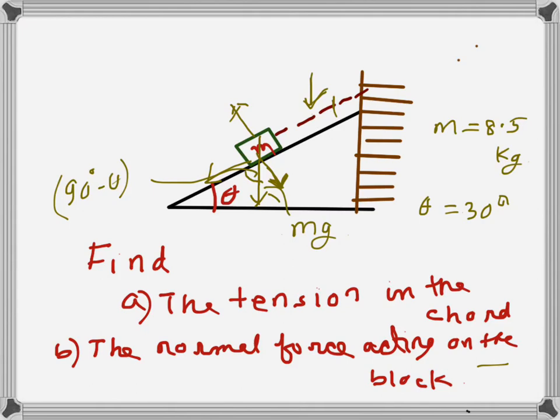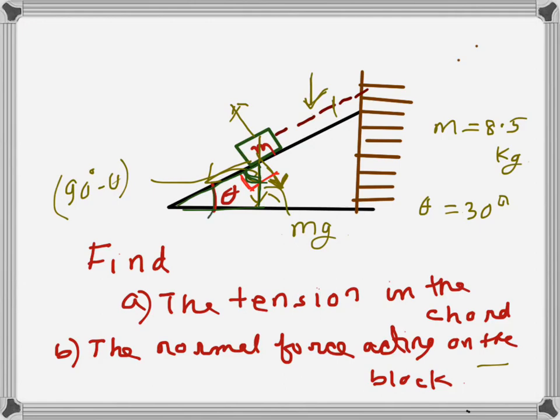Let me use a different color, maybe red. This angle is 90 degrees, and this small angle I drew before is 90 minus theta, because this is a right triangle and this is theta.